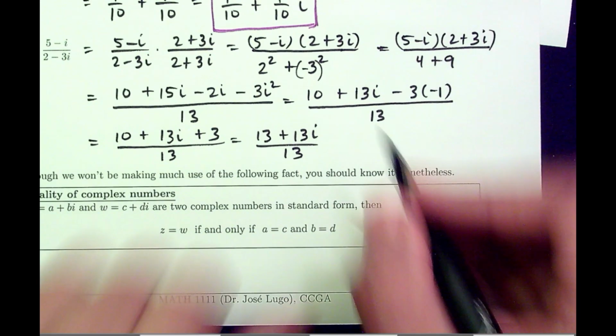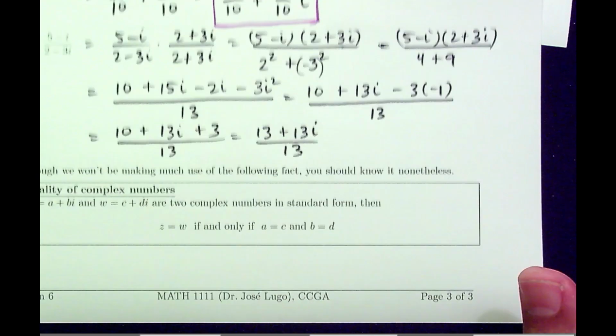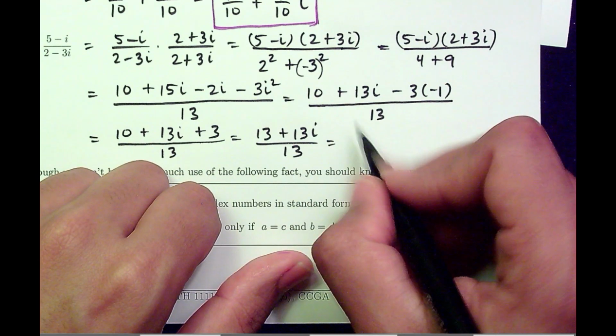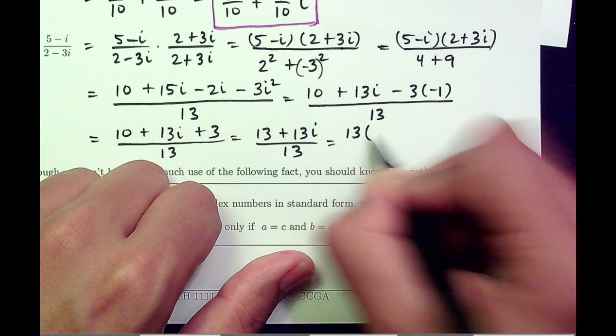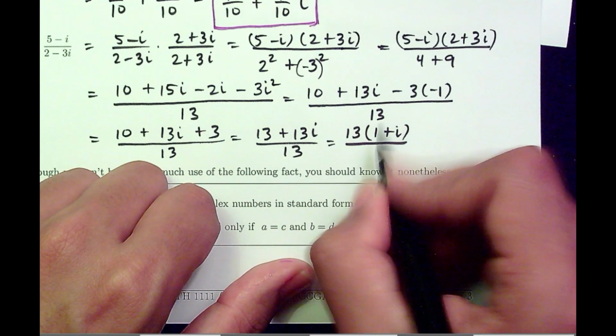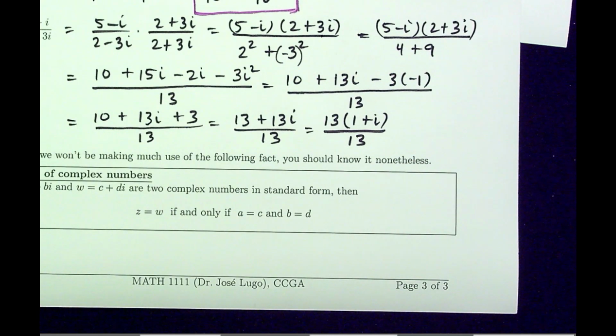That's not good. Remember that you cannot cancel, because the only way you can cancel things is if you have factored them first. So before I can cancel a 13, I have to factor it out. Factor the top: that would become 13 times 1 plus i, over 13. Now we can cancel. You can never cancel anything in a fraction before you have factored.